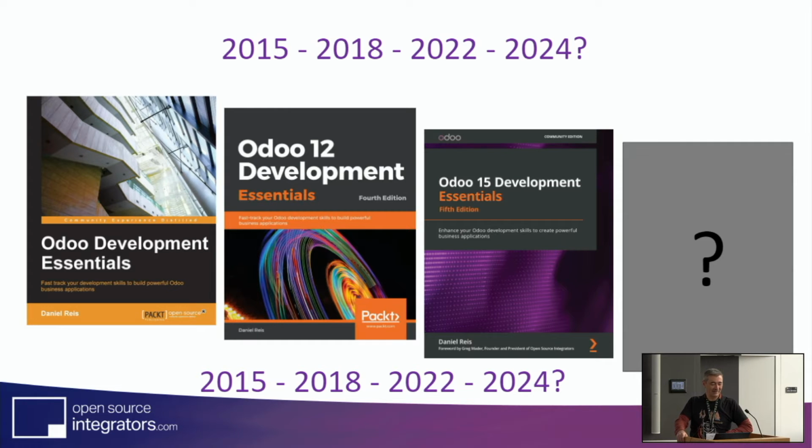As a curiosity, the best-selling one is still Odoo 12 Essentials. That's the best-selling, and Odoo 15 is approaching, which is kind of expected because there are more people knowing about Odoo and interested in Odoo. And what I can disclose, since I've been asked this question, is that we're working on the Odoo 17 Essentials.